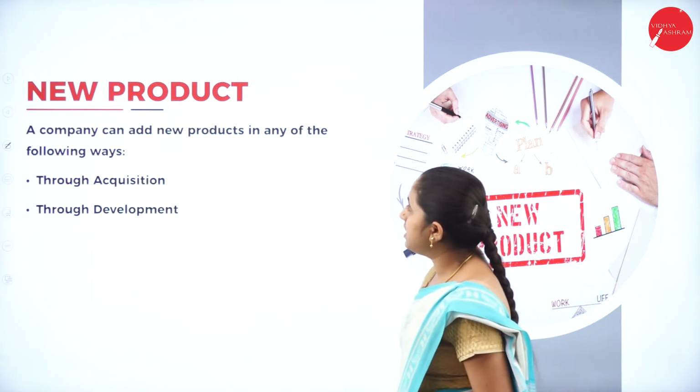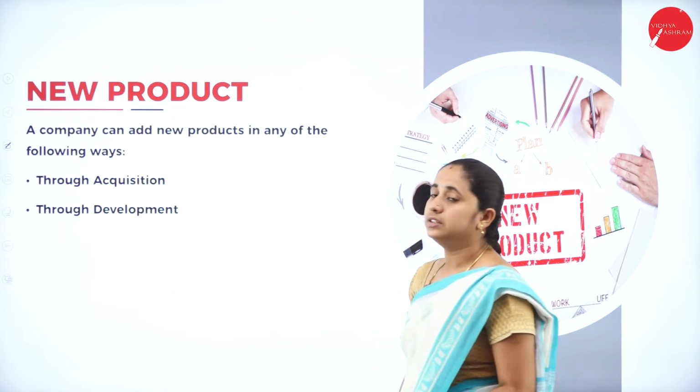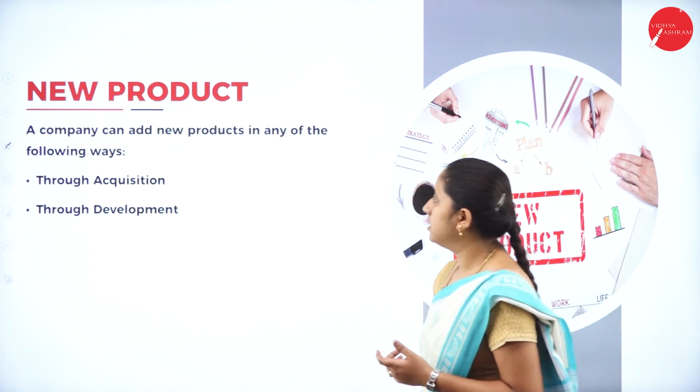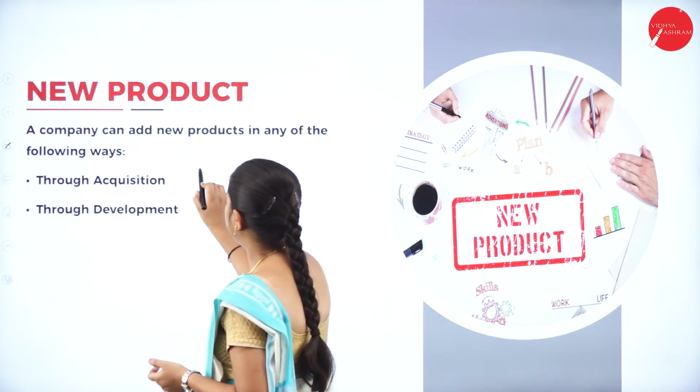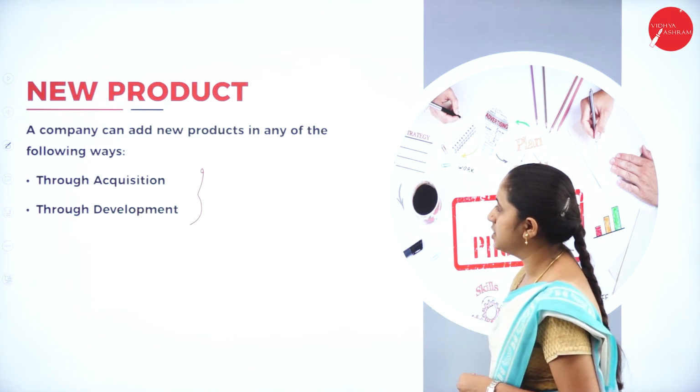Here a company can add a new product in any of the following ways. That means a new product can be adopted by the company in these two ways. First, through acquisition.